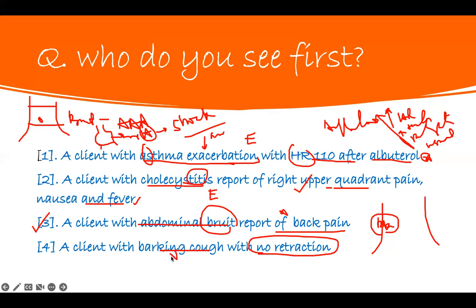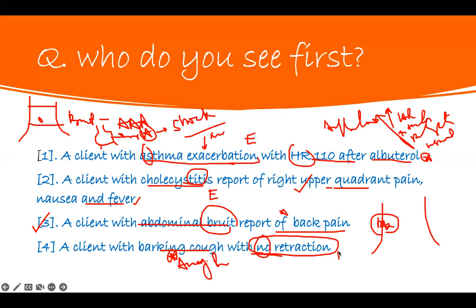So backing cough is not good. Okay, it's an airway issue. But what is the problem? No retraction. Sorry, backing cough is a breathing problem. But what is it? There's no retraction. So there's no evidence that they're struggling to breathe.